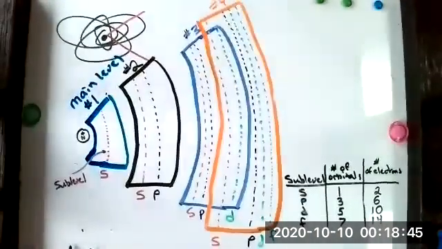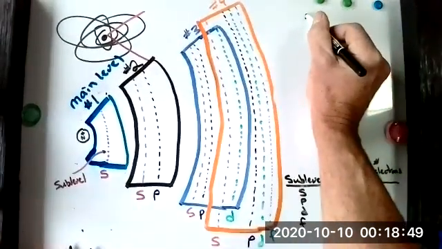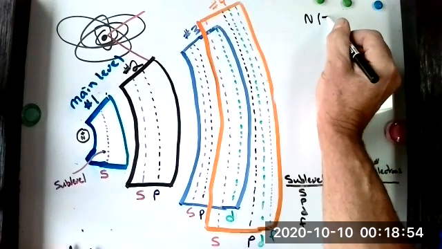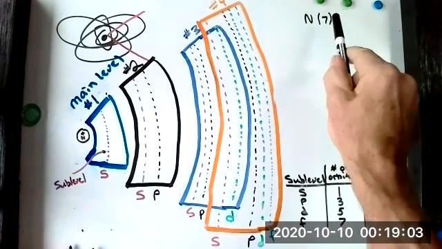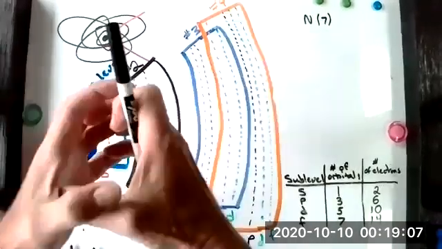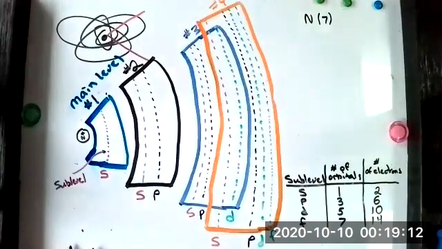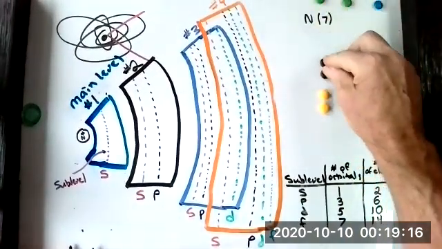So, what I do is I simply do this. Hey, I've got nitrogen. His Z number is 7, which tells me I have 7 electrons to place. I am going to show you how to take those 7 and put them in their proper positions and kind of write out the address for these electrons. Okay, watch this. Here comes his 7 electrons.